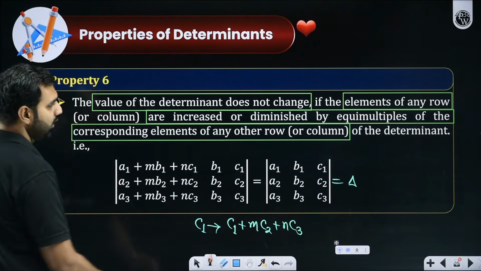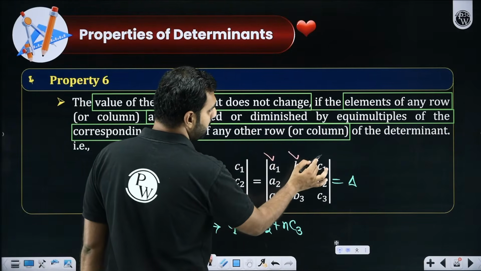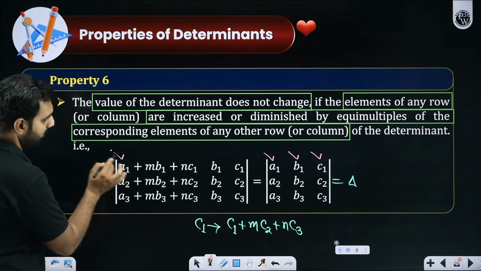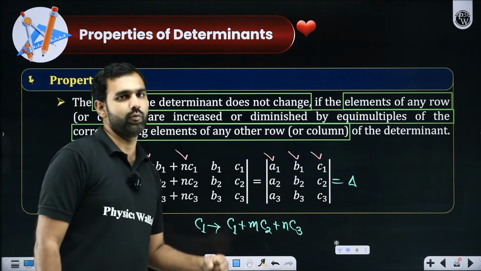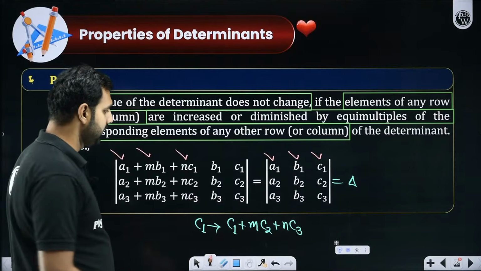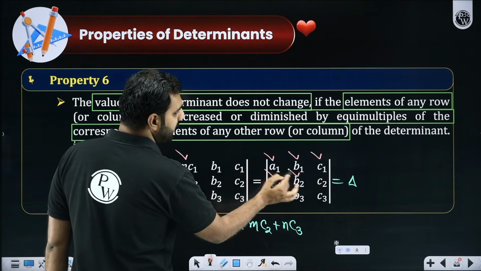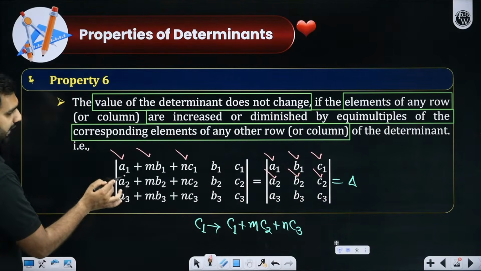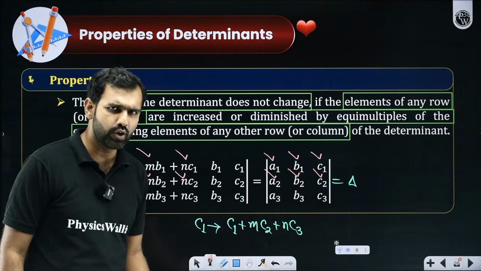So what does it mean? Column 1: a1 plus m b1 plus n c1. That value you update in column 1. Then second row, a2 plus m b2 plus n c2, that value you update in column 1, second row.